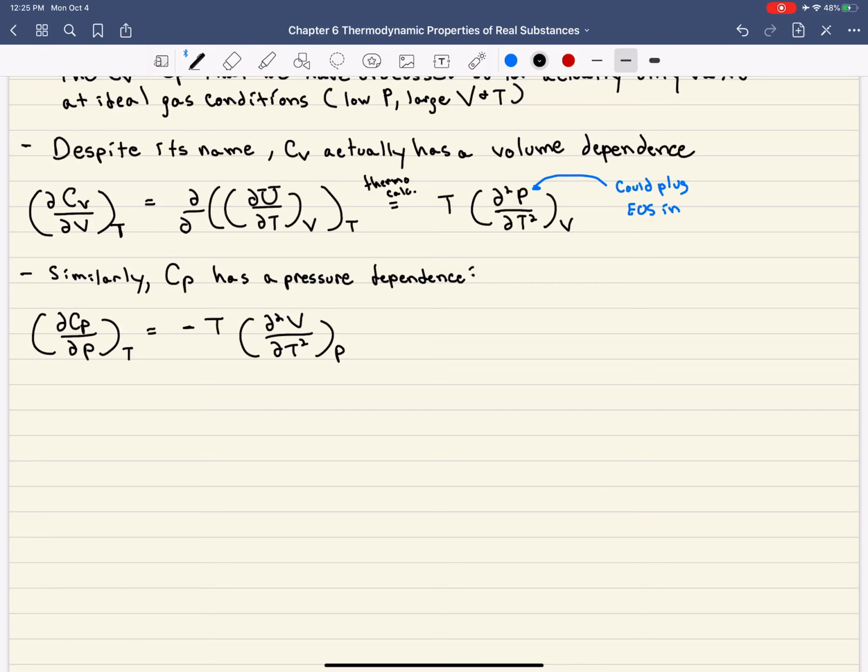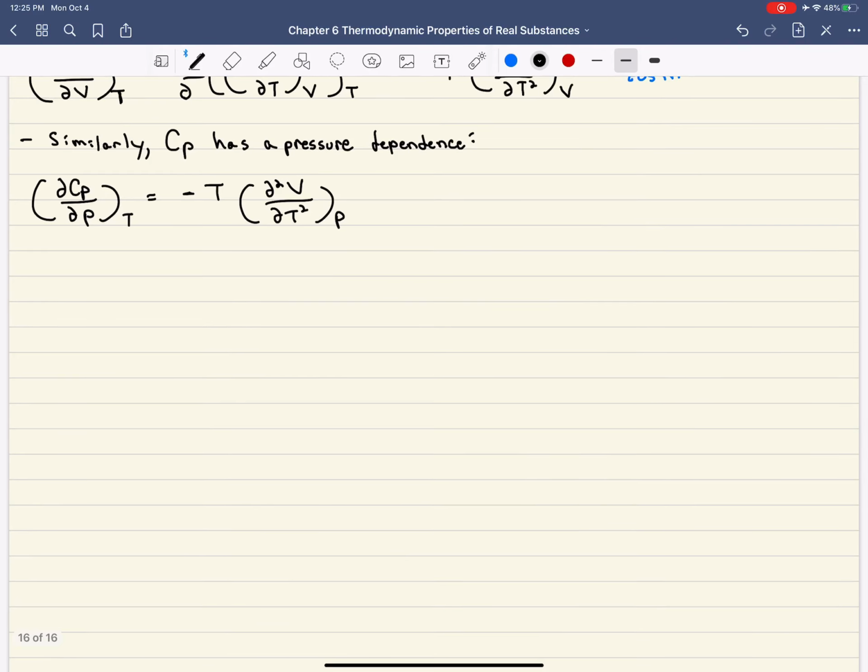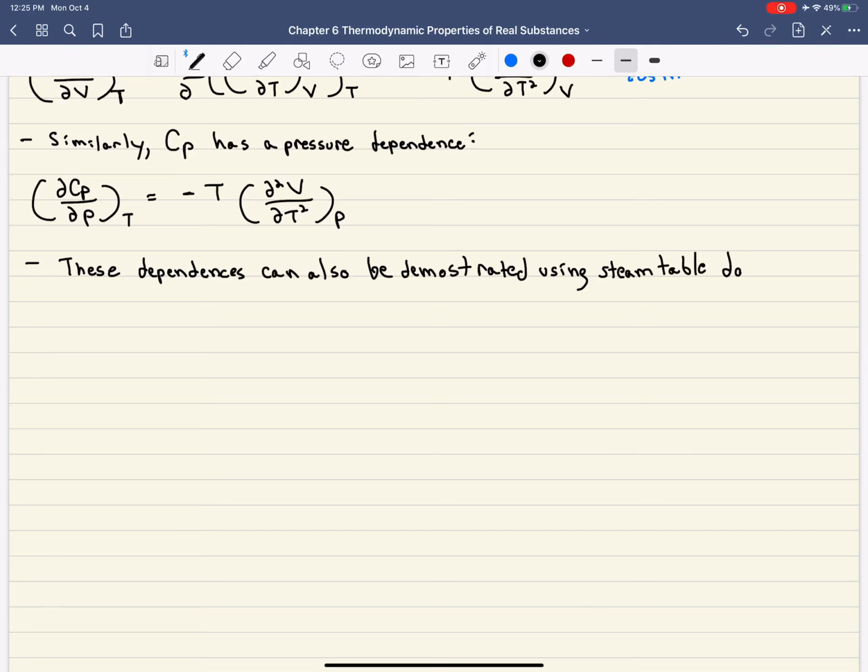But perhaps a more concrete way of showing it is I could actually just calculate some numbers for you. Okay? And so these dependencies can also be demonstrated using steam table data. Okay? All right, and so, if we go to the steam tables, or just in general, I guess before I say that, let's say we have the specific heat capacity, right?